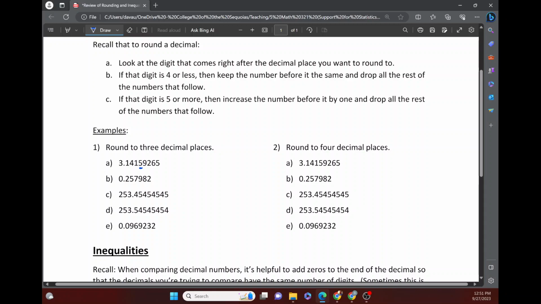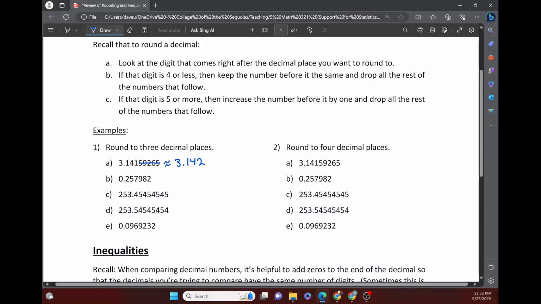And it's a 5 or more. And so that means we need to take our third decimal place here and go up 1. So we would call this 3.142, and we would drop all of the remaining digits. Okay, so this is approximately 3.142.